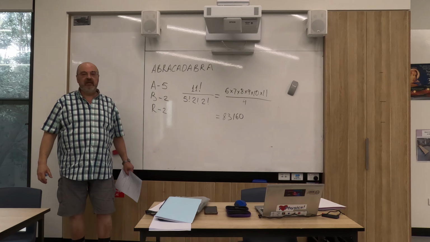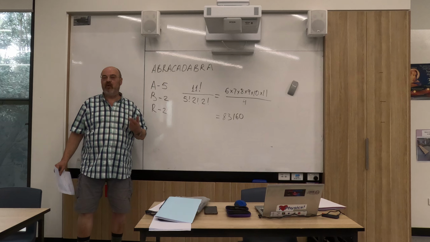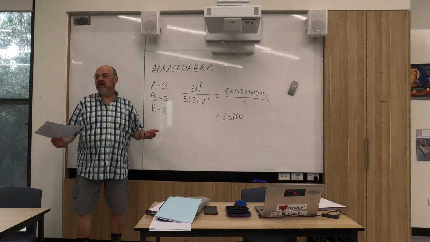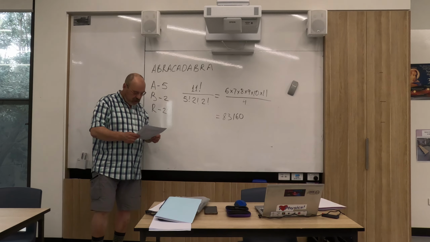So we are always dividing by the factorial of how many like objects we have, which if we swap them, does not make a new arrangement. Make sense?